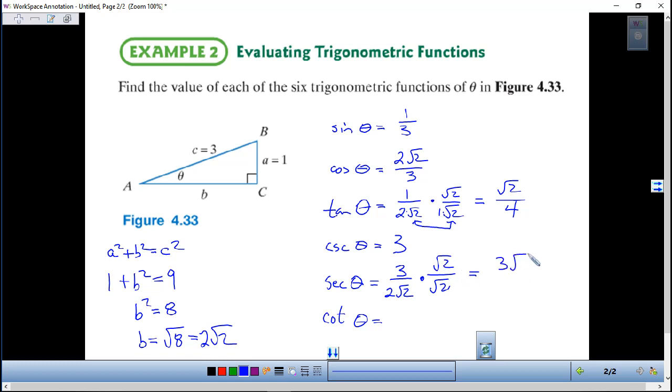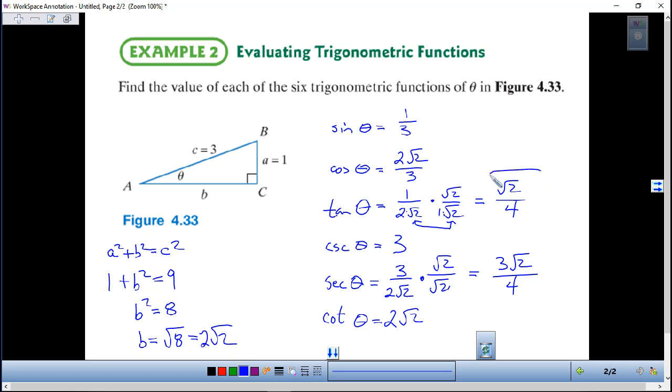So we end up with 3 square roots of 2 over 2 square roots of 2 times the square root of 2. We've already done it right there, so it's 4. So it's 3 square roots of 2 over 4. And then the cotangent is the reciprocal of this, so 1 over 2 square roots of 2 flipped over just gives us 2 square roots of 2.